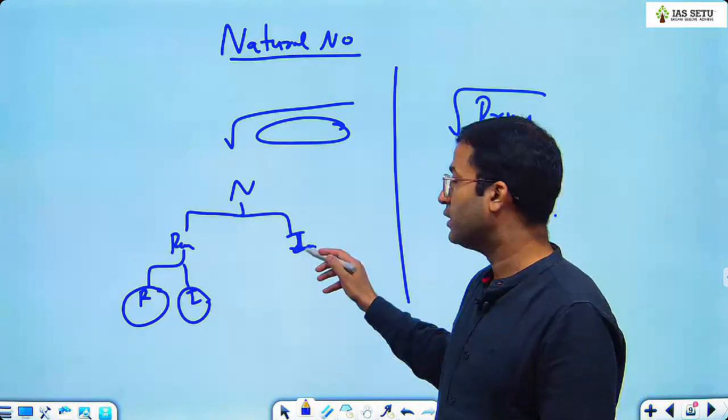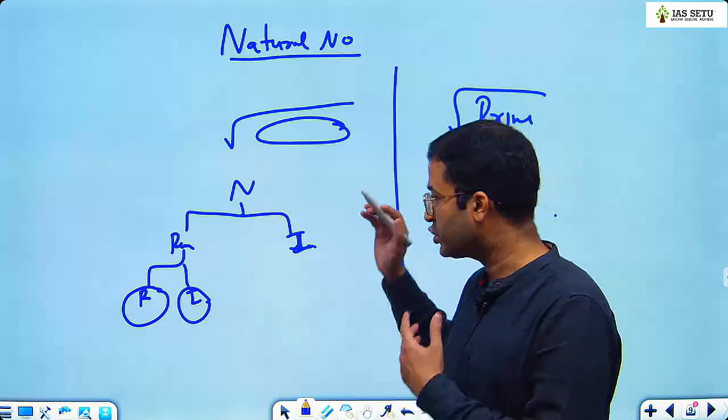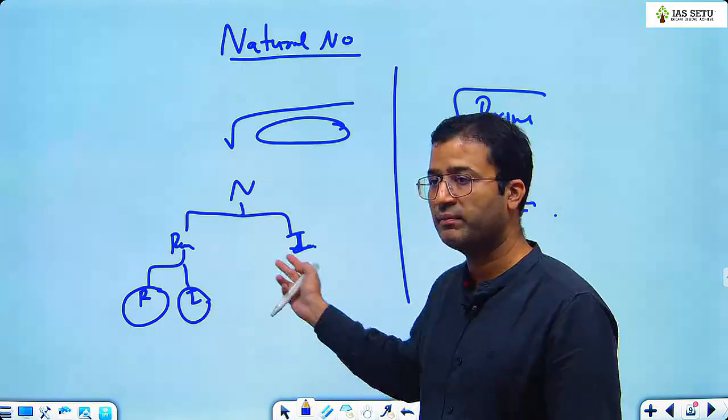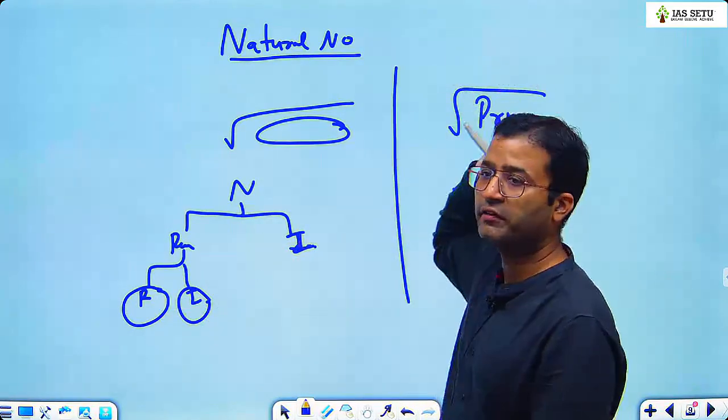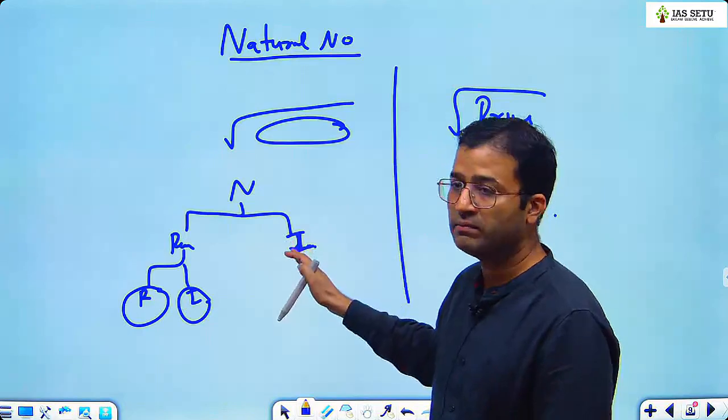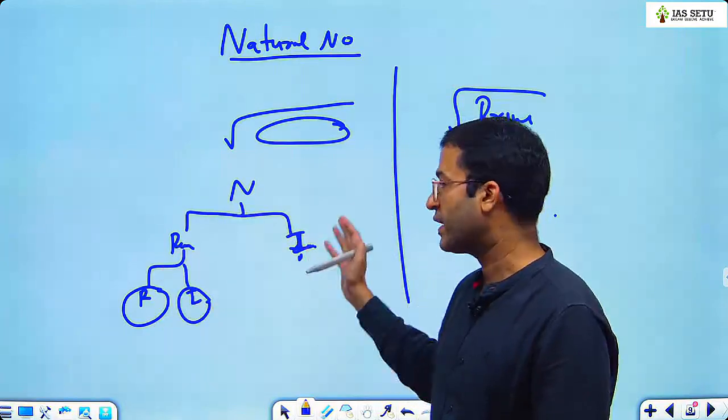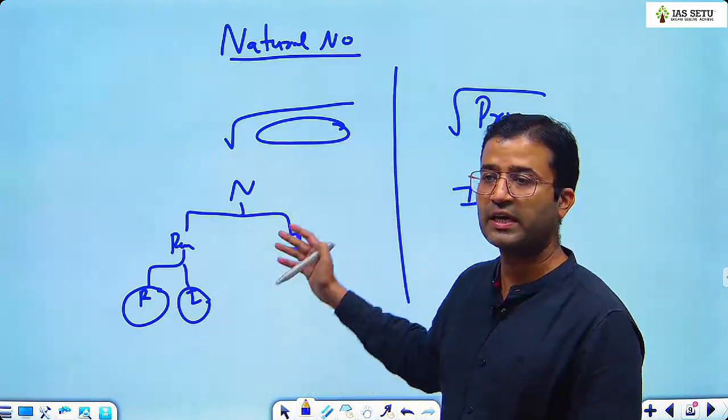So if it is imaginary, there is no doubt whether it will be animal or human being. These are totally different. An imaginary number can never be rational, can never be irrational. These are alien.